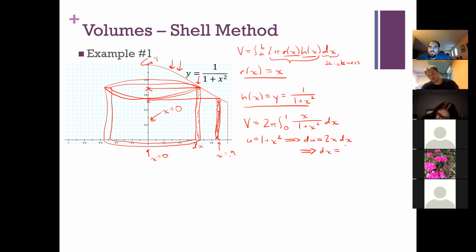So dx equals du over 2x. The way I showed you totally works, but it might have been a little mysterious how to substitute out that dx. But now we have something we can substitute in for dx.